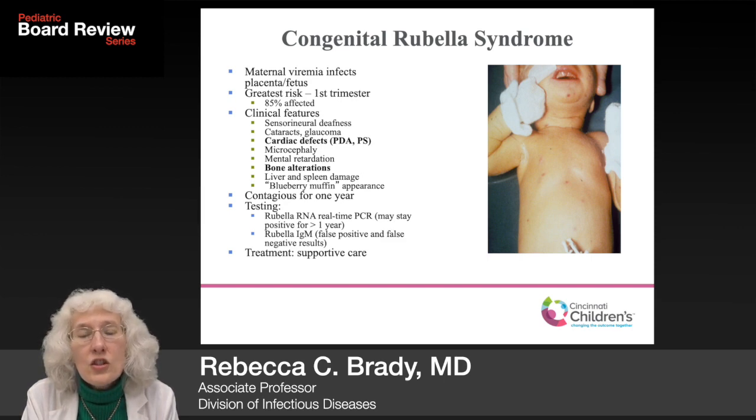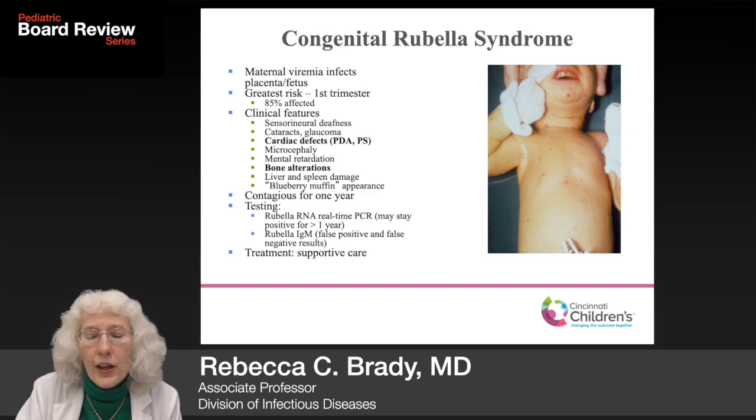These babies are really shedding rubella for a long time, so they are contagious through most of that first year of life. The testing is rubella RNA real-time PCR, which may stay positive for that whole year as they're shedding the virus. You have to be careful with rubella IgMs because there's false positives and false negative test results. This one, there's no treatment, it's just supportive care.